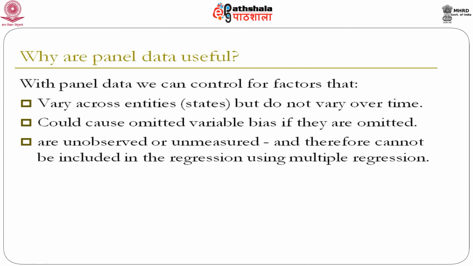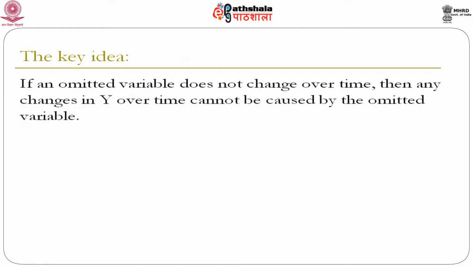With panel data, you can handle the case of omitted variables, including unobserved or unmeasured variables that you cannot capture in multiple regression. The key idea is that if an omitted variable does not change over time, then any changes in Y over time cannot be caused by the omitted variable.